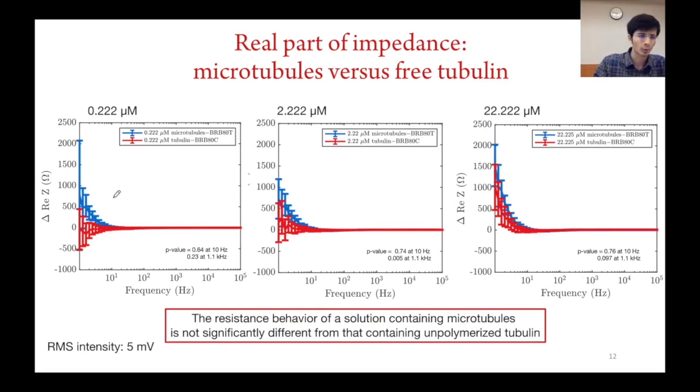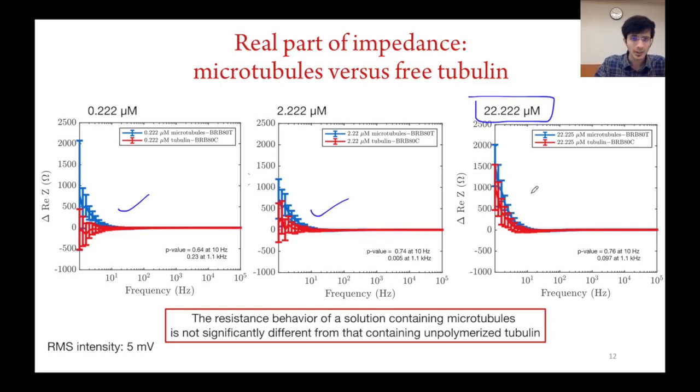You can see that in almost all cases, microtubules and tubulin, red line, blue line, they seem to overlap with each other. The error bars are very high, and the results seem to be the same for both microtubules and tubulin. All you can say is that for the intracellular case, for 22 micromolar, both microtubules and tubulin increased solution resistance.